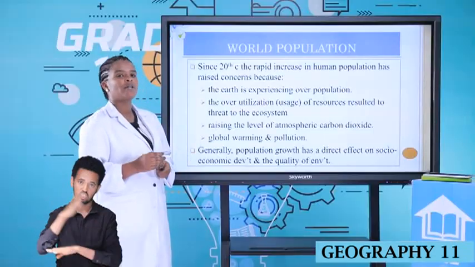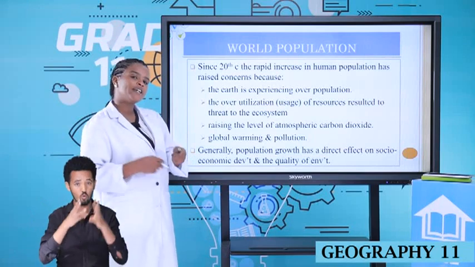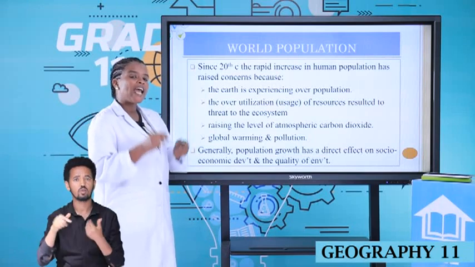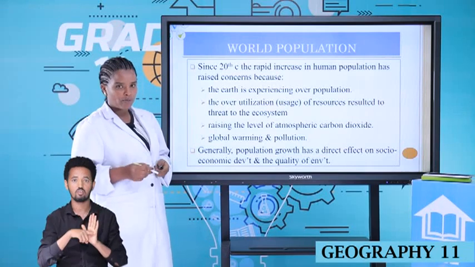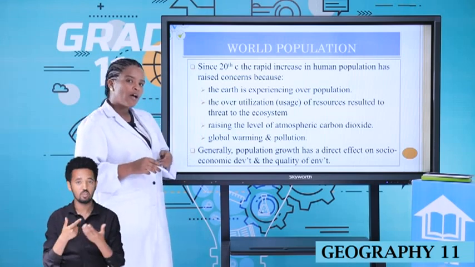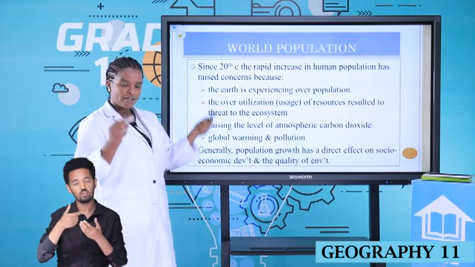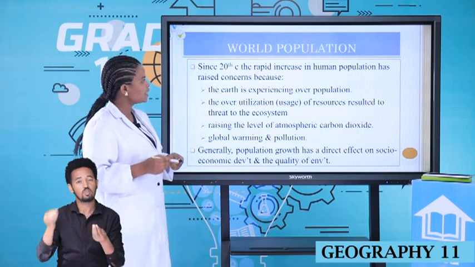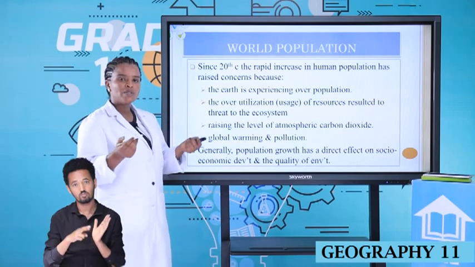After the 20th century, the world population increased rapidly. This has a negative impact on the environment. For example, at this moment, the rate of carbon dioxide in the environment increases as a result of population growth. Why?